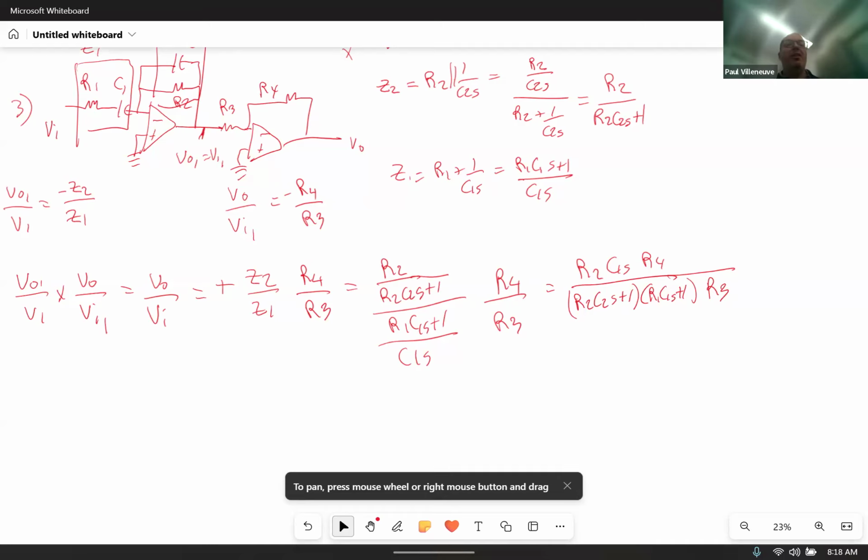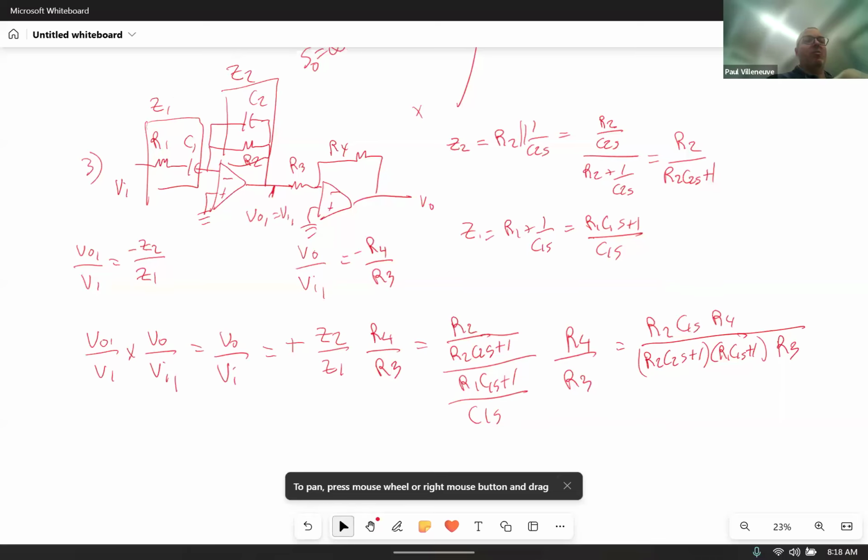You just model these as impedances, right? This is Z1 of S and Z2 of S. And the difficult part about doing it in the time domain is you have integrals and derivatives that you have to deal with. It makes it very difficult to do that. Over here, I just treat them as constants.